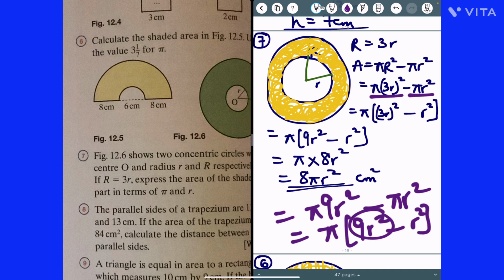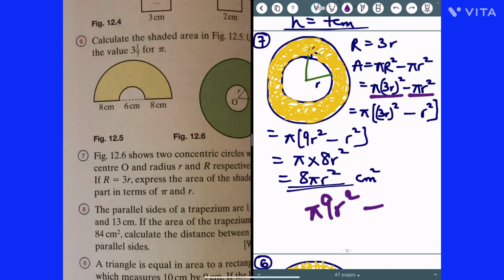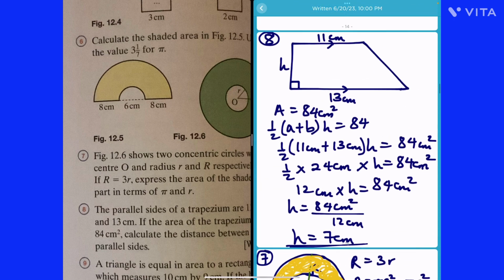So 9r squared minus 1r squared will give me 8r squared. So the area of my shape is pi times 8r squared, or 8 pi r squared. The area of my shaded portion is 8 pi r squared. Take note of that. Subtraction of areas. Now, let's go to question 8.